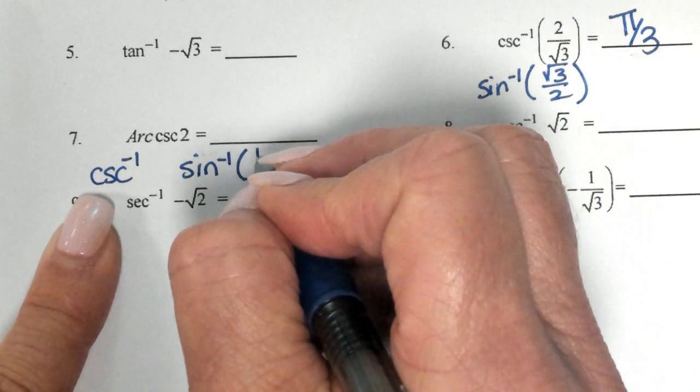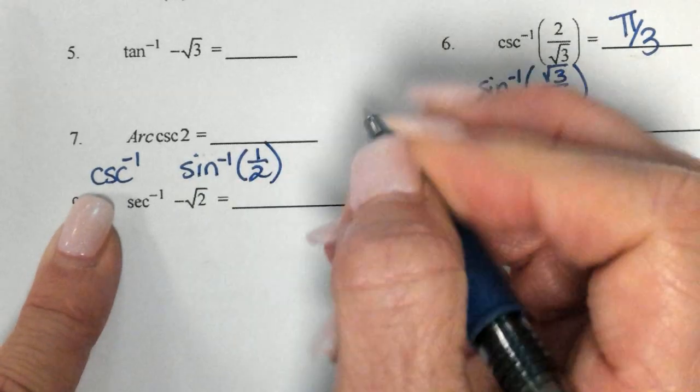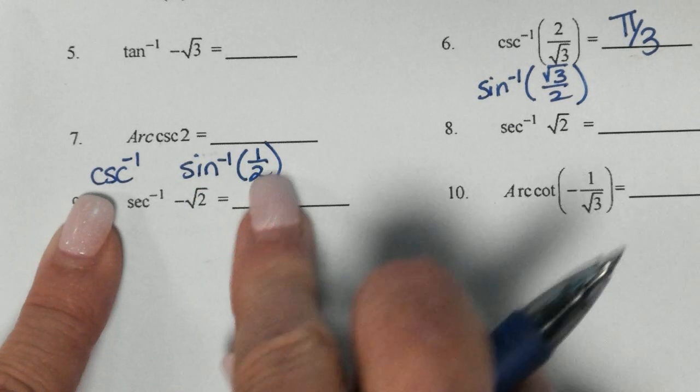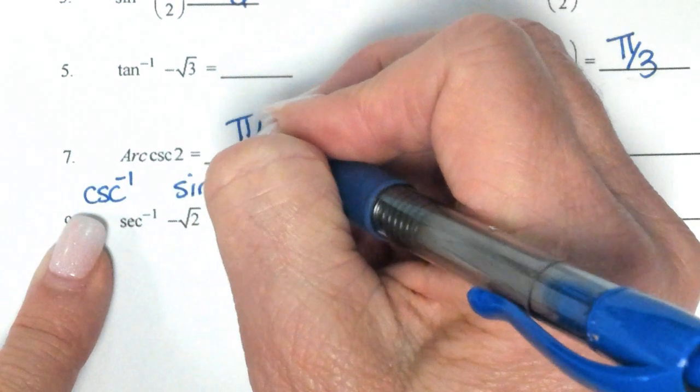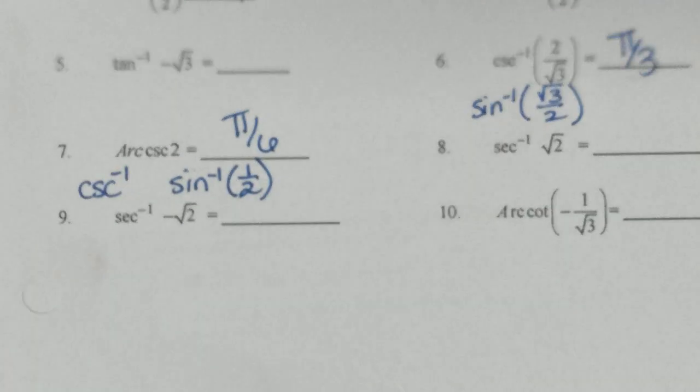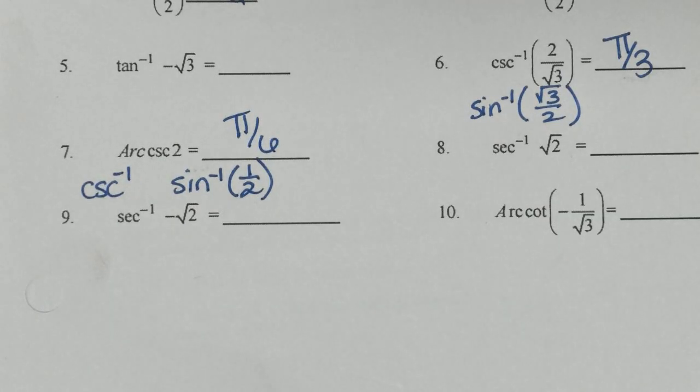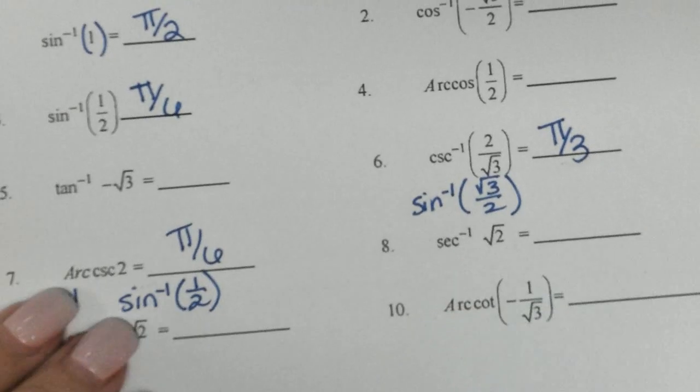So I am looking for the sine ratio of 1/2, and we already did that up here, and that was pi over 6. So you are looking for the angle. Anybody got questions on any of that we did?